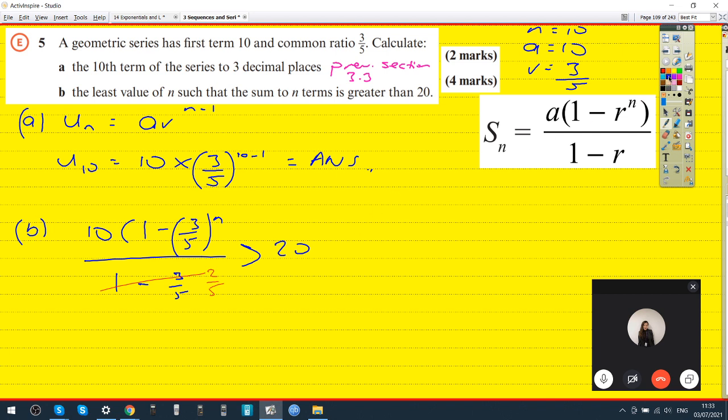No, because of BIDMAS you have to do the power first, and we don't know the power. Okay, so you could multiply by 2/5 on both sides, which gives you 8. So 10 times 1 minus 3/5 to the n is greater than 8.